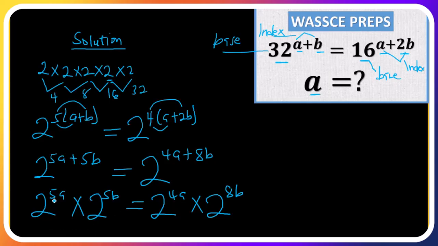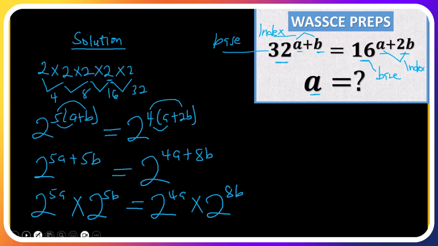Now let's move on. The first one, we have 2 to the power 5a, and at the right hand side we have 2 raised to the power 4a. So we can break this down in order to contain 4a.